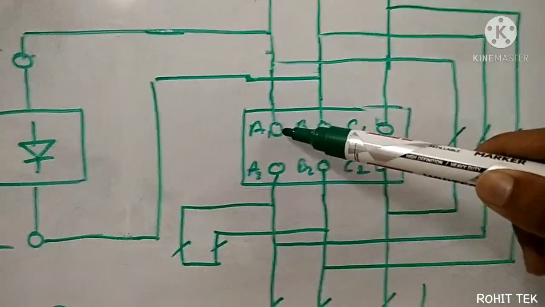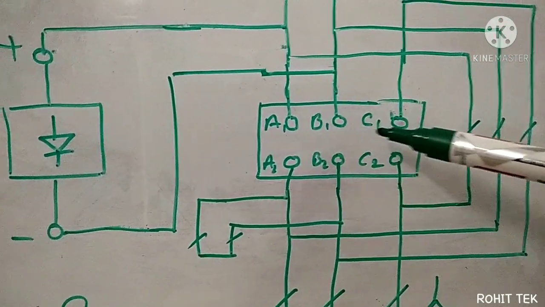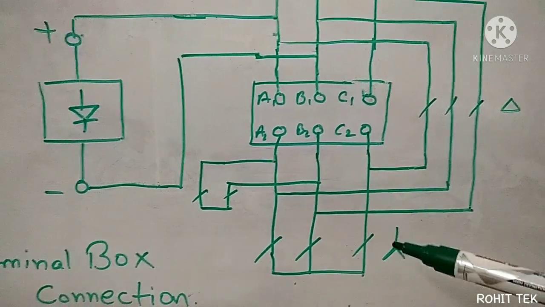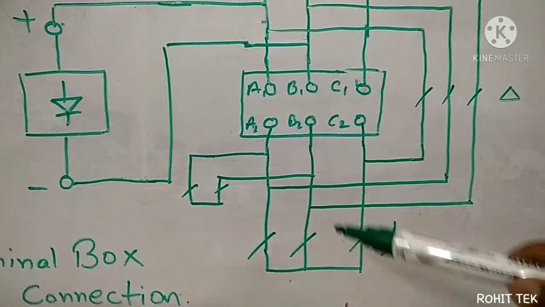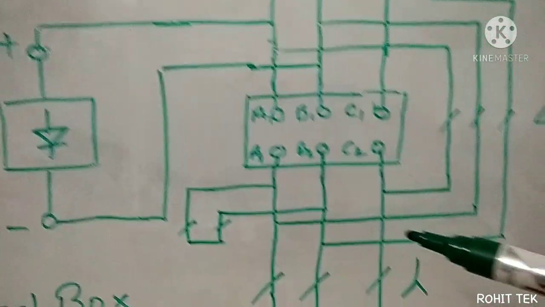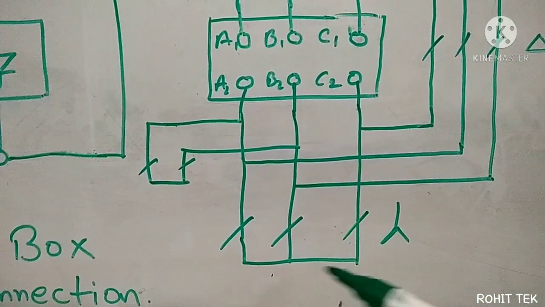I've connected these phases to A1, B1 and C1. And for achieving the Y or star configuration, I have to short A2, C2 and B2. That only I have done. I shorted A2, B2 and C2 right here.